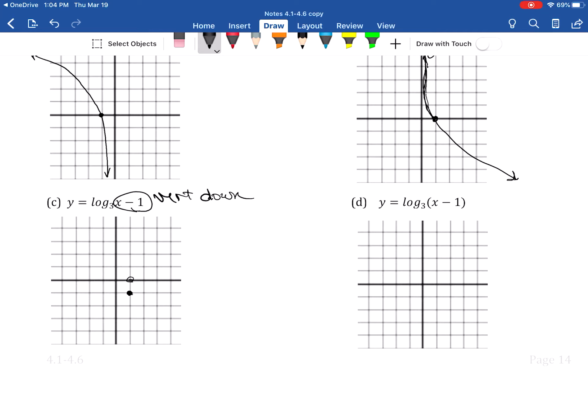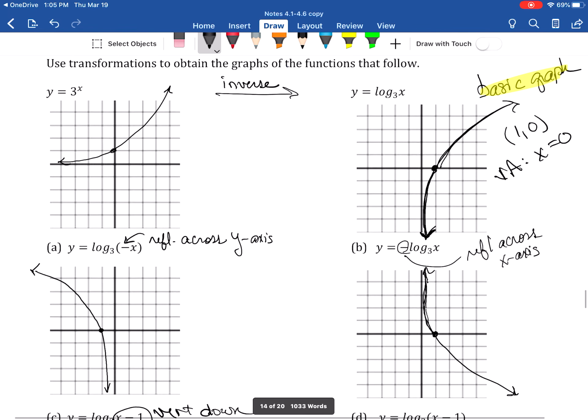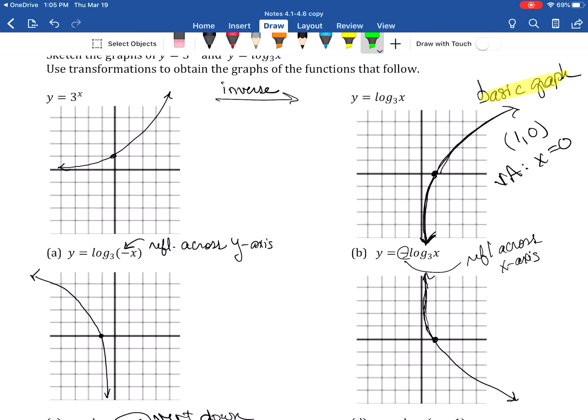It stays exactly the same, and everything else stays the same. And so you're going to be going something like this. I'm taking my basic graph that's highlighted here in yellow and moving it down 1 unit. Shape stays the same, just go down.